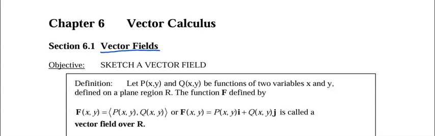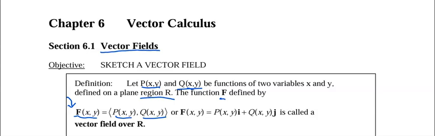If I have P(x,y) and Q(x,y), two functions with two variables x and y defined on a plane R, any plane, the function capital F is defined by the two functions P and Q with two variables, and that is called a vector field.